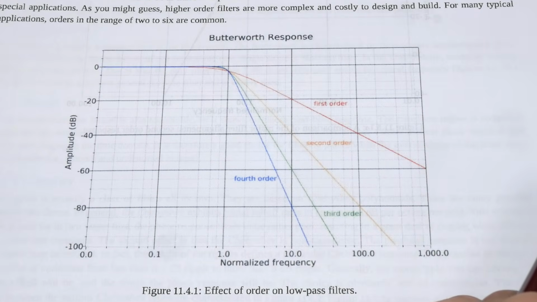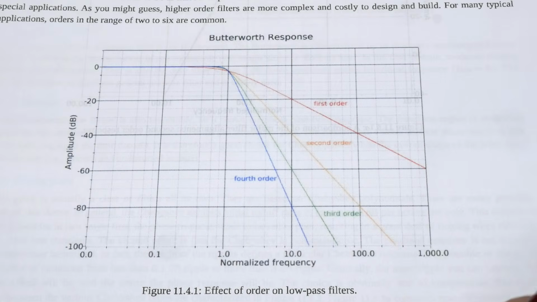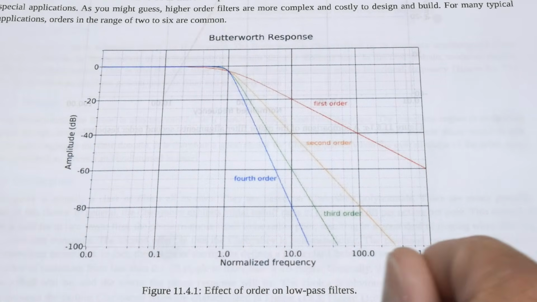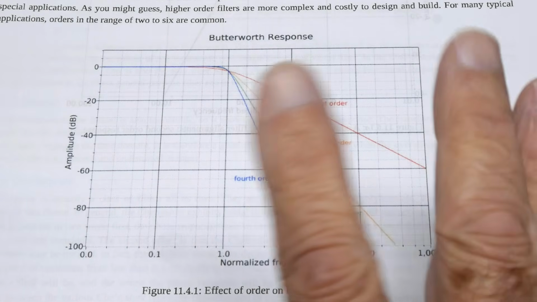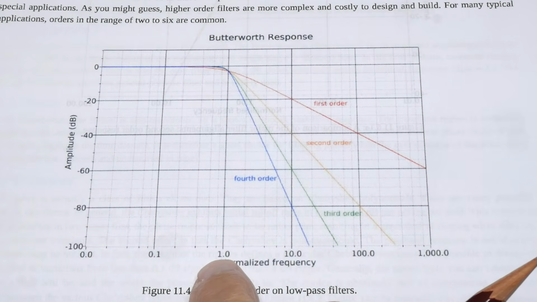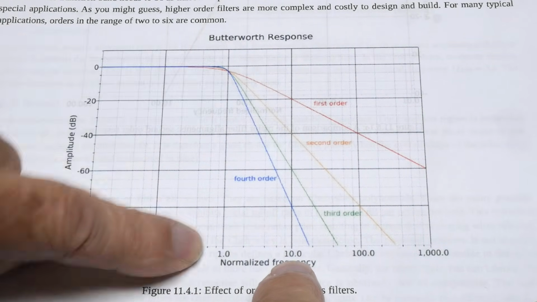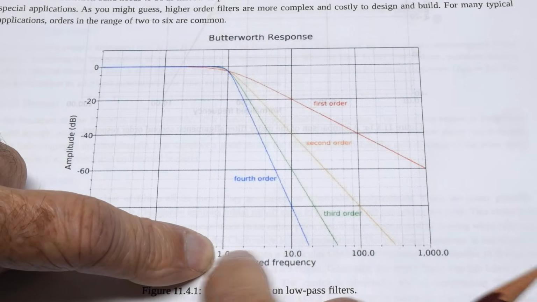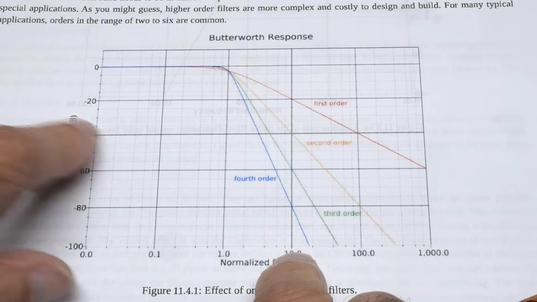There's a spec you can put on that, which is amplitude normalized to the frequency. So you can hear decibels per decade, things like that. It means that if here's the cutoff frequency the filter's designed to, and this is 10 times that frequency, and if you go 10 times that frequency, how many dB lower is the signal?